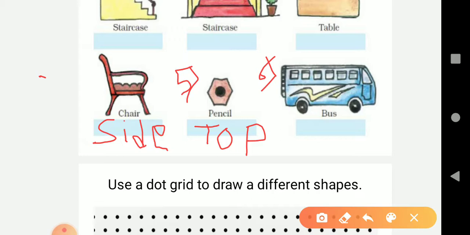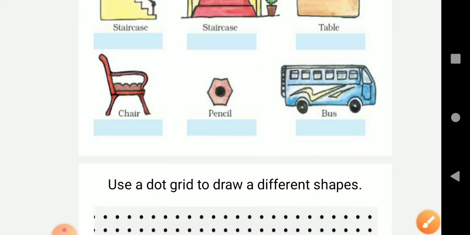Which picture is this? Yes, it is the picture of bus. When we see the bus from our side, it looks like this. Okay, so this is the side view of a bus. Understood?